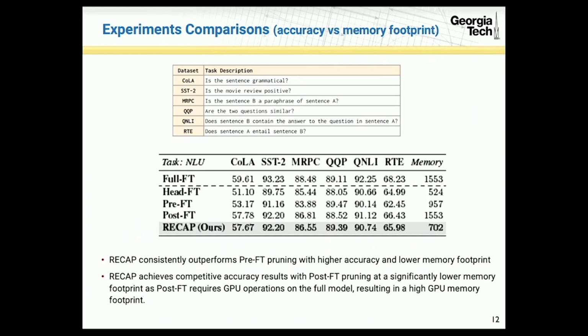And then we do the pre-fine-tuning with pruning, post-fine-tuning with pruning, and our approach. So as you can see here, our approach very closely approximates the post-fine-tuning accuracy, but we are using much less.